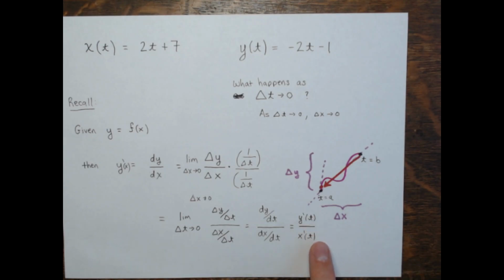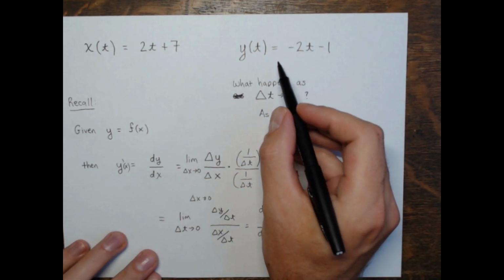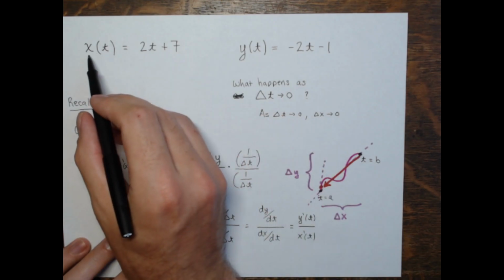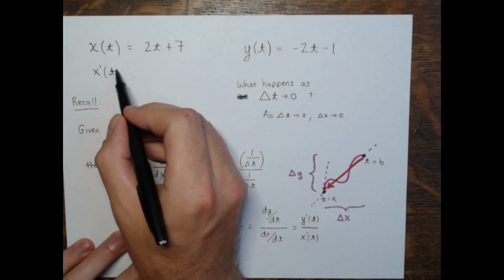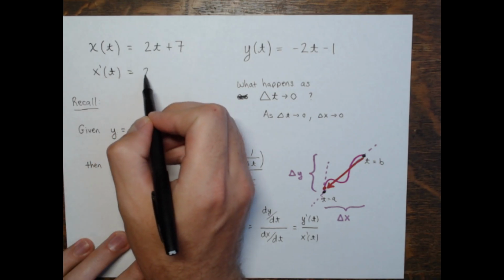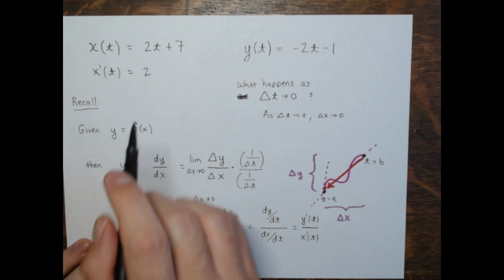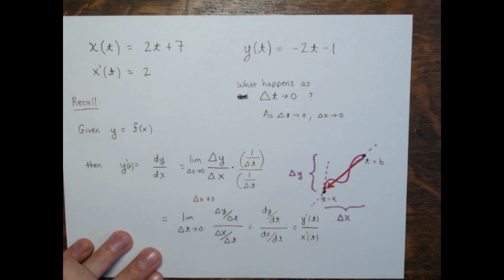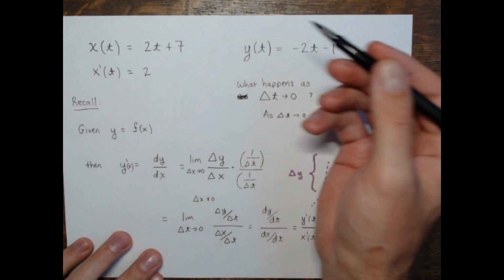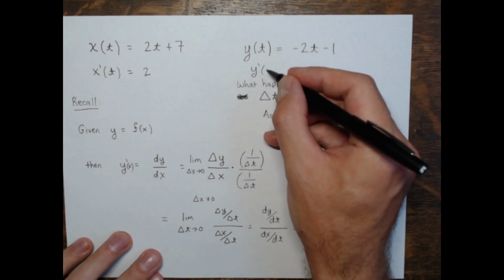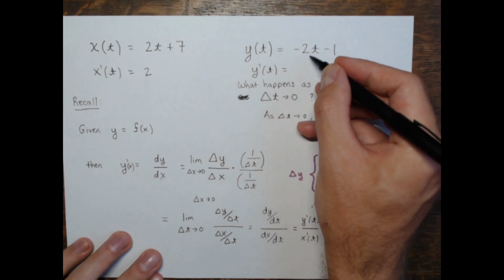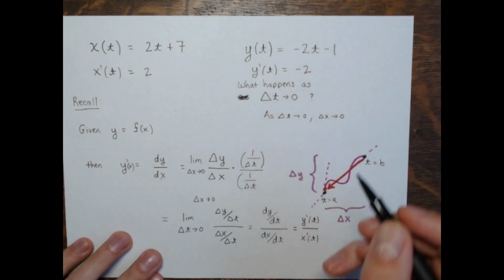And these are pretty simple to find. Again, I'm assuming you know some things from Calc 1. If this is x of t, then x prime of t is simply 2. I'm applying the power rule and sum rule for derivatives. And it's just a line. And then if this is y of t, y prime of t is just negative 2.